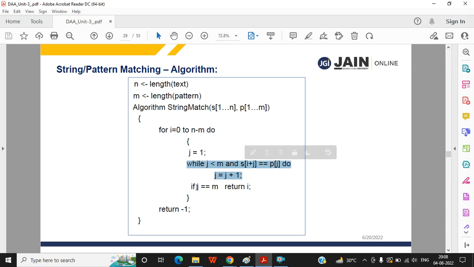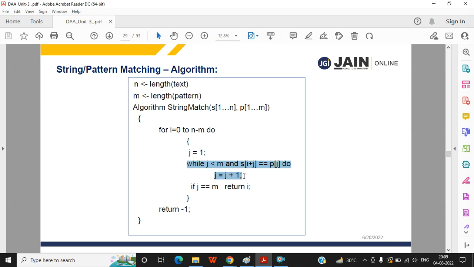Coming out of the loop, you check whether j is equal to m or not. If j is equal to m, that means this loop iterates for m number of times, because j was started from 1 and here j is equal to m. So this loop iterates for m number of times, right?